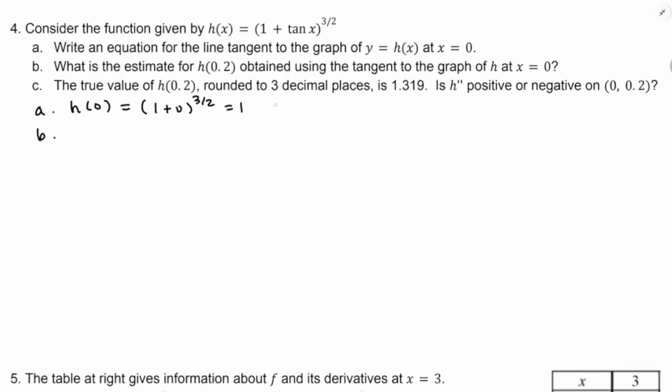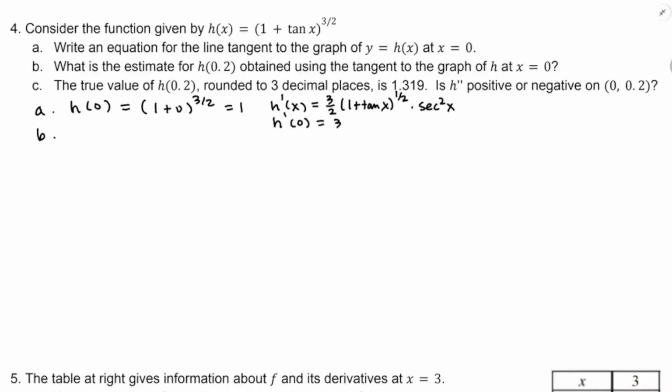So I'm going to need h prime of x. I'm not going to be ready to start part B down there, I don't think. So 3/2, I'm going to use the chain rule, right? On the outside, subtract 1. Leave the inside the same. And then multiply by the derivative of the inside for the chain rule. Alright, so I'm going to need h prime of 0.